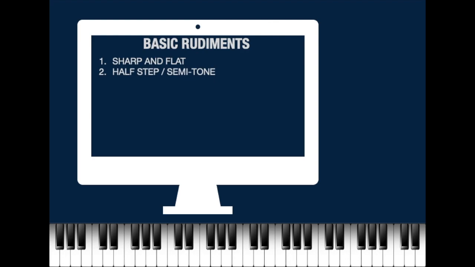All right, the next thing you need to know when it comes to basic rudiments is what we call half step. So when you have a note, half step means the note next to it. If you do not understand this basic theory, go to my chord theories. I explain most of this concept there.